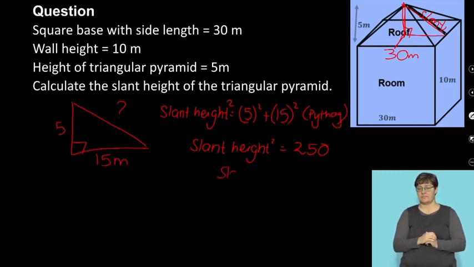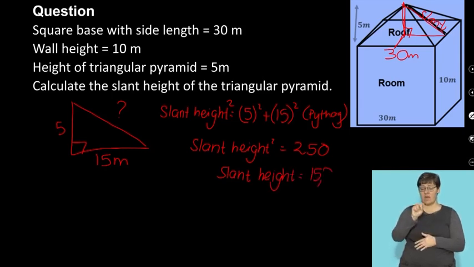So my slant height is equal to 15,81 meters. Sorry guys, not centimeters, meters. Great, let's move on to B.